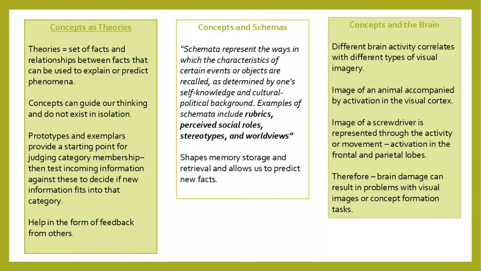When you retrieve how you think of something, it is impacted by self-knowledge and cultural background, and it's a schema. So that shapes our memory storage and our retrieval, and it allows us to predict new things. That's the important thing about concepts, it does allow us to predict.